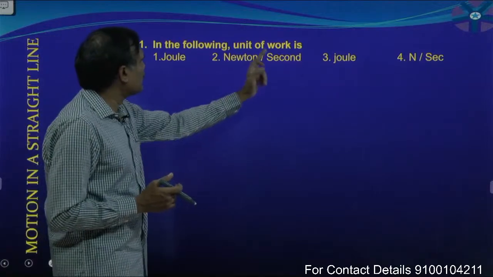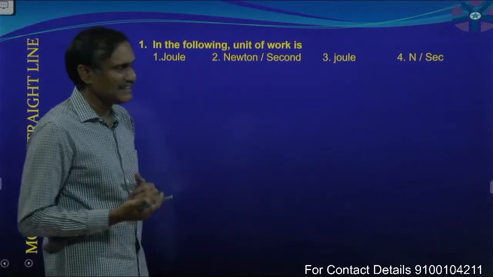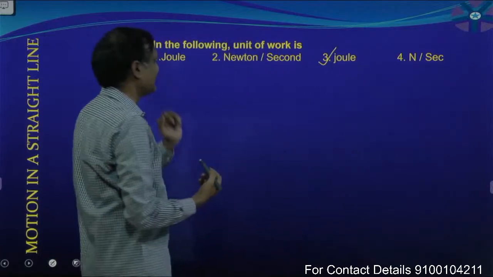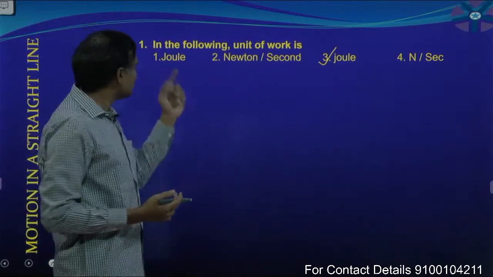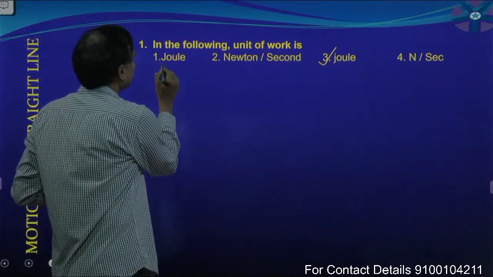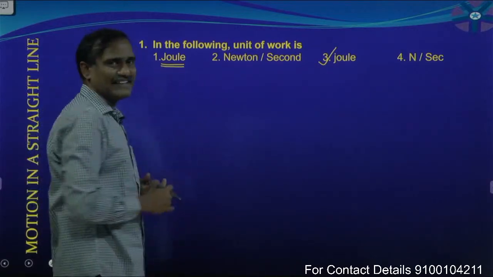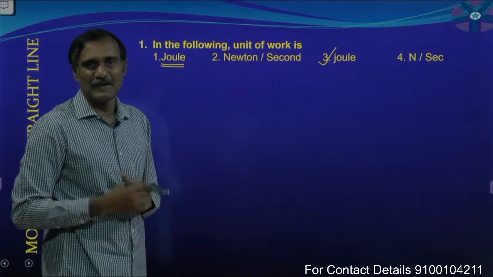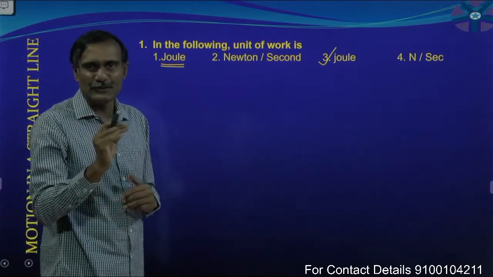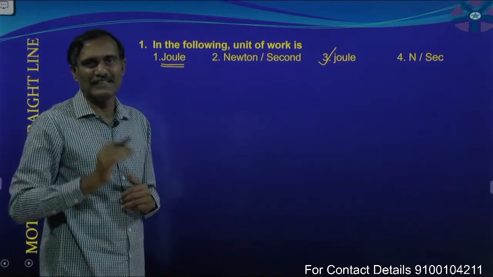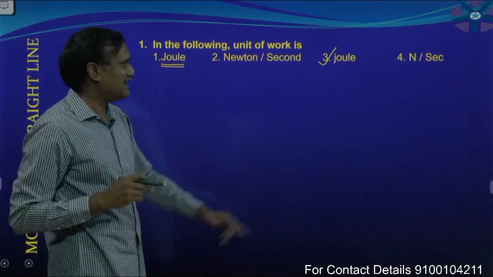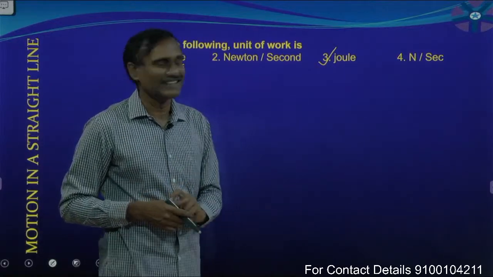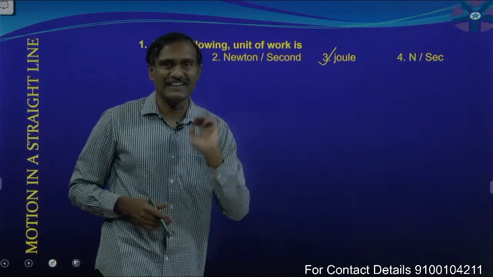Now, what is the unit of work? Yes, it is joule. This is the correct one, not this one, because capital J indicates the scientist's name. Joule is the scientist's name, but if you want to use it as a unit, the first letter should be taken as a small j. I already discussed it in the last class. Remember that. This is the correct answer.